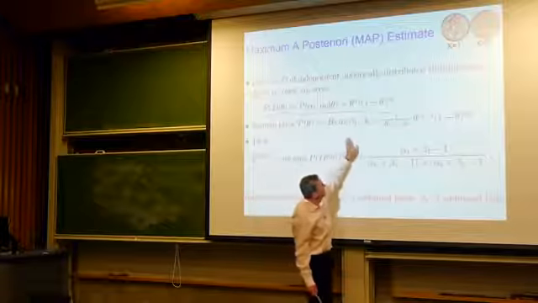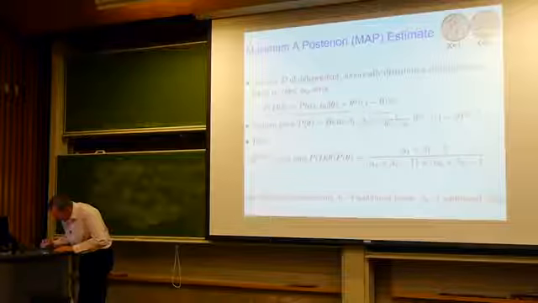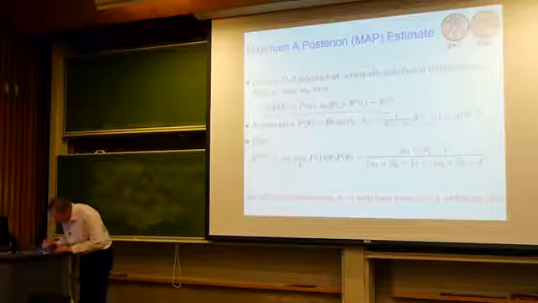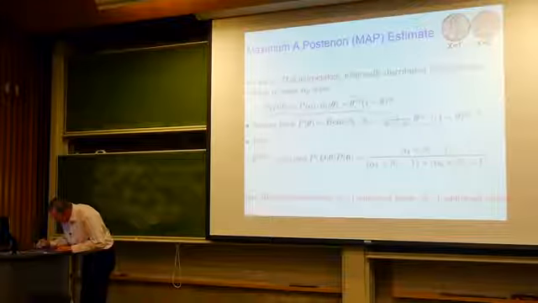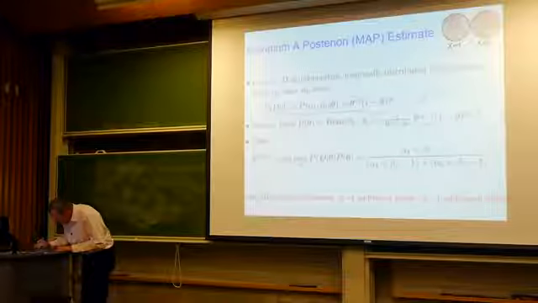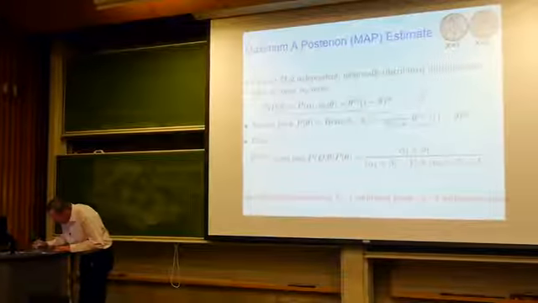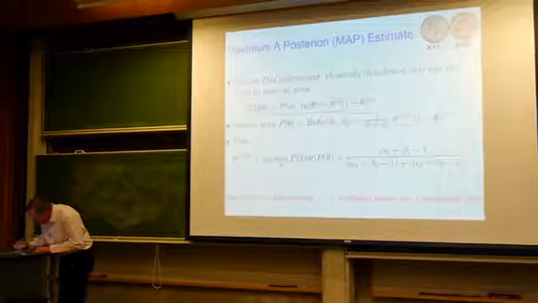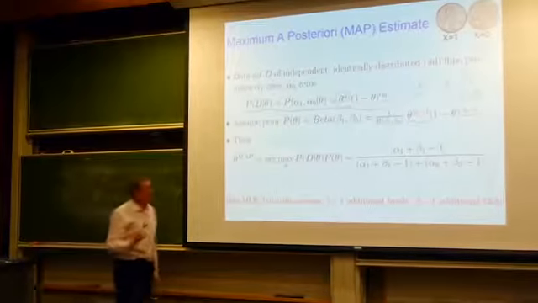And when we multiply those together, we get this nice expression where this quantity and this quantity go together so that we end up with theta to the alpha 1 plus beta 1 minus 1, times 1 minus theta to the alpha 0 plus beta 0 minus 1.